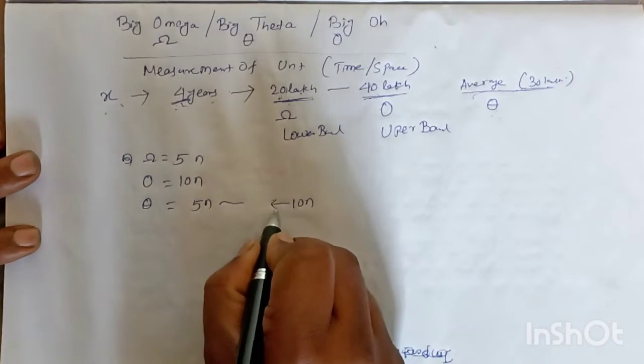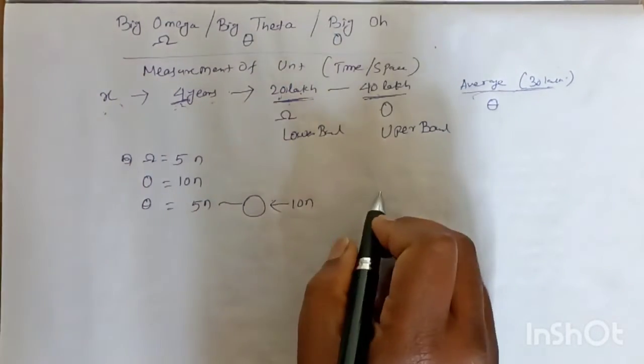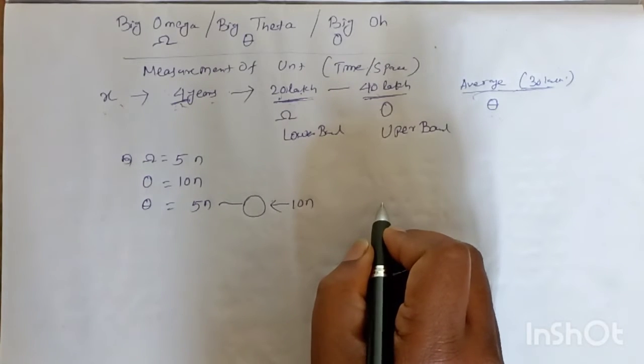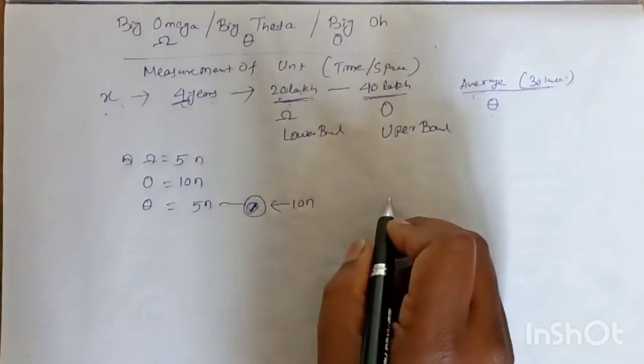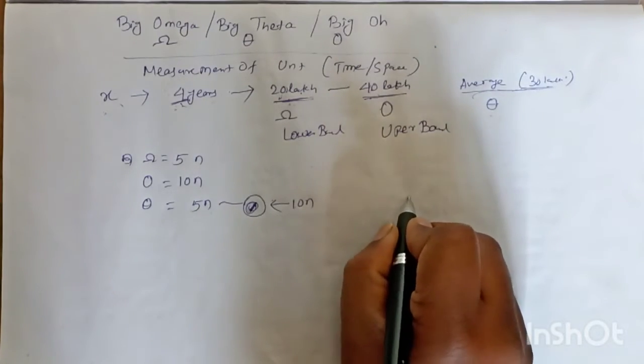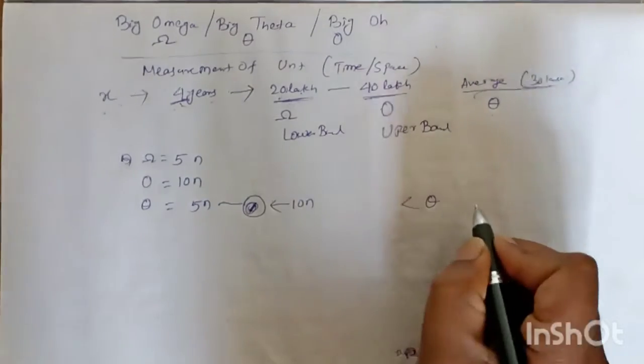That means for some condition, there will always be greater than and less than. So in this case, this is the theta.